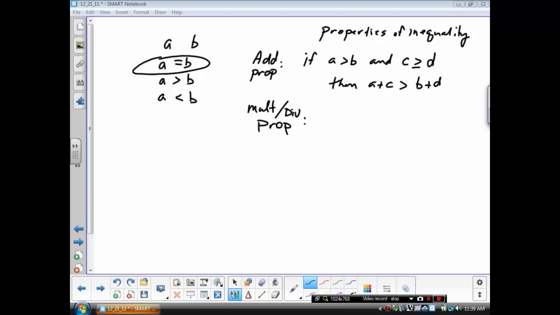So you start out if A is greater than B and C is positive. When you say something's greater than 0, that means it's positive. Then if you multiply that positive number times both sides of your inequality, it will remain the same. So then A times C will be greater than B times C. The same thing if you divide both sides by this positive number C.